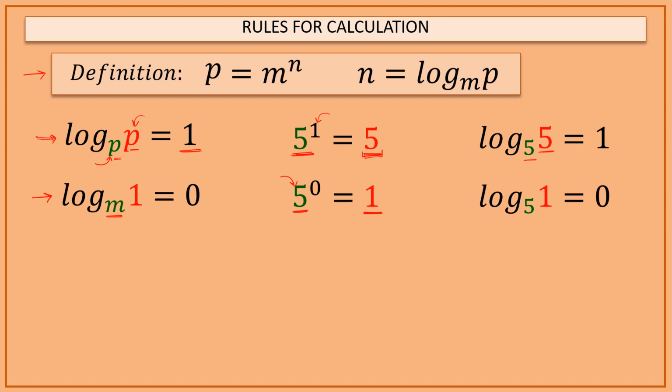So if we generalize this numerical value with any variable m, it will result in the second rule that we have just noted down, that is, logarithm of 1 to any base is always equal to 0.